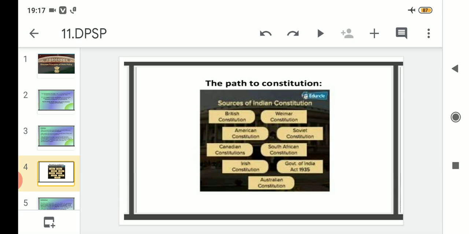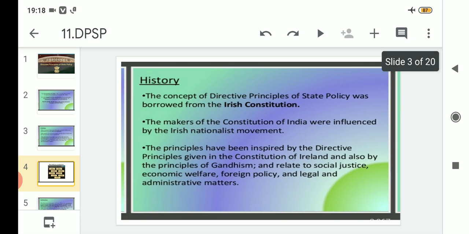These are the sources, starting from the British Constitution, Weimar Constitution, then the American Constitution, Soviet Constitution, Canadian Constitution, South African Constitution, Government of India Act, Irish Constitution as you can see, and Australian Constitution. So these are the sources from which many good things were included in our Constitution.